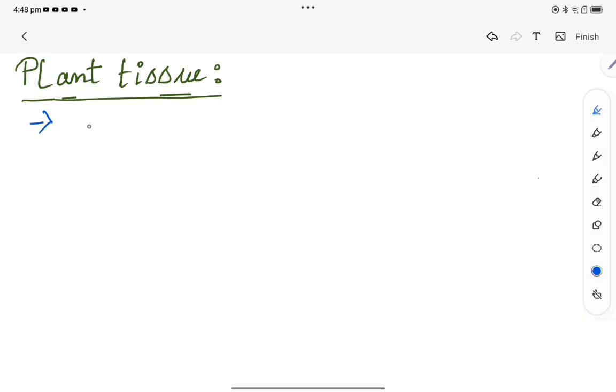Tissues are a collection of cells. All these cells are of the same origin, right?